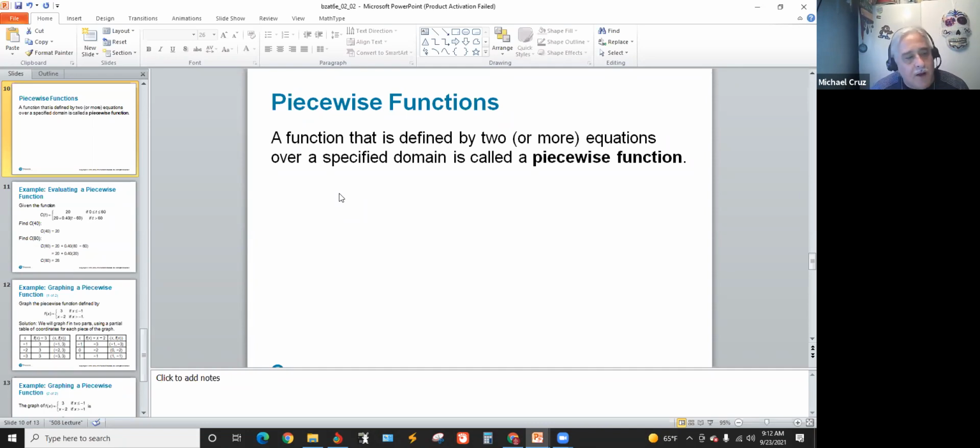So let's say the flat rate covered 2 miles and you wanted to go 5 miles. Well, you would pay whatever that flat rate is, and then for the next 3 miles, you would add on the extra mileage. So that's a perfect example of how a piecewise function works.